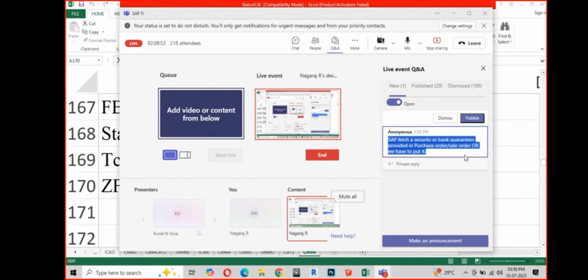And the way SAP handles it is different. There is a concept called special GL. Okay. And this is how SAP handles the bank security or the bank guarantees provided to the bank. Clear? It's a different methodology.